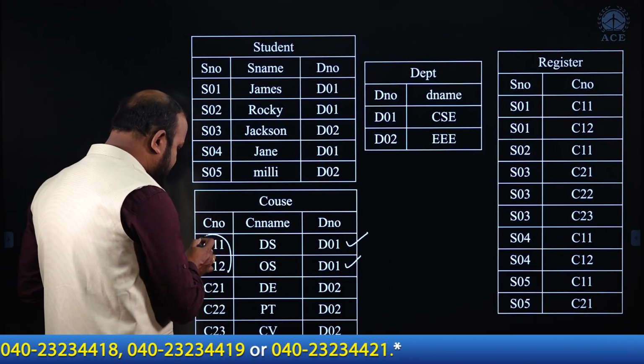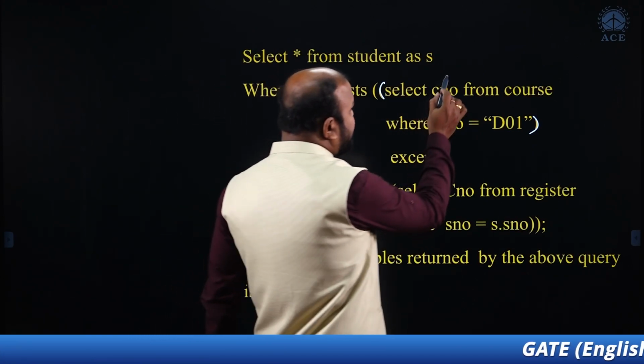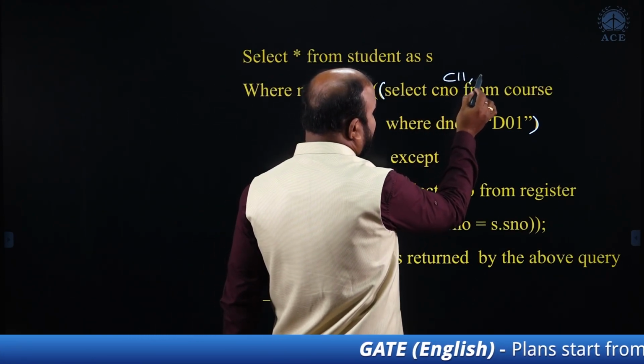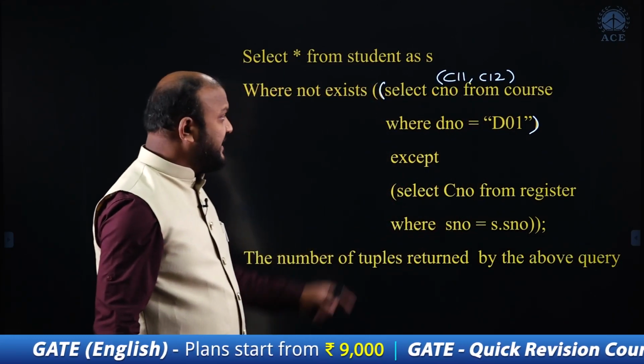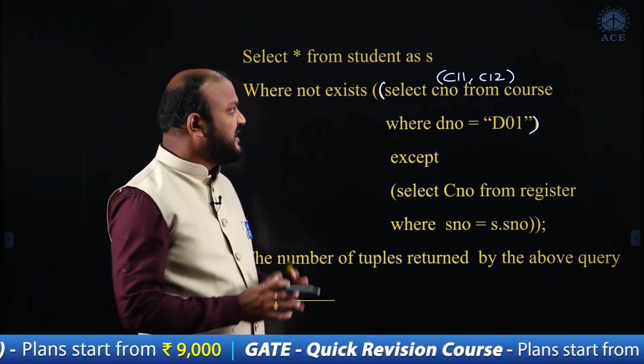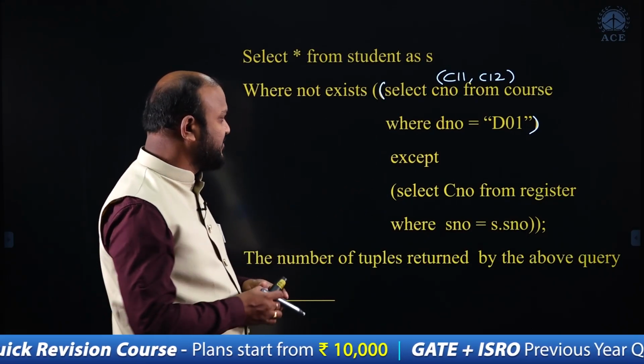And what are the course numbers? C11, C12. Now, the output of the first inner query is C11, C12. This inner query is nested and completely independent. Always it is going to give you the same output, C11, C12.